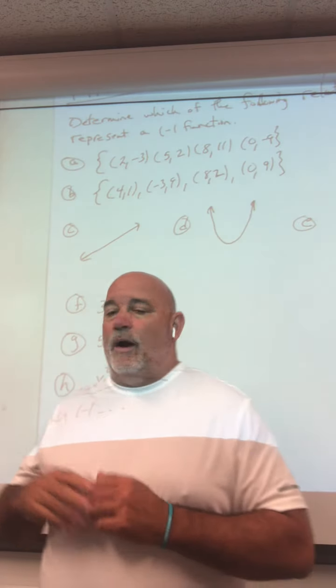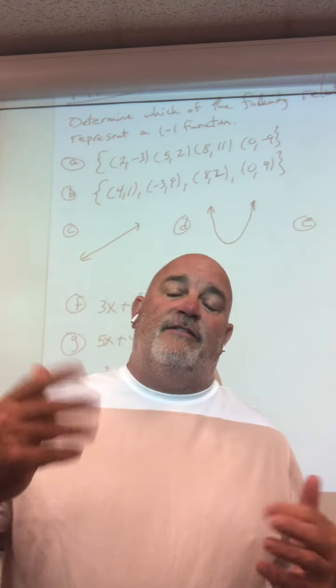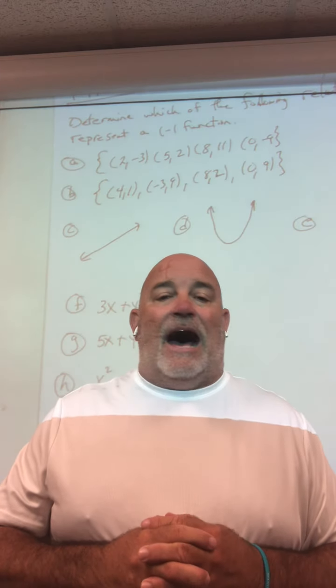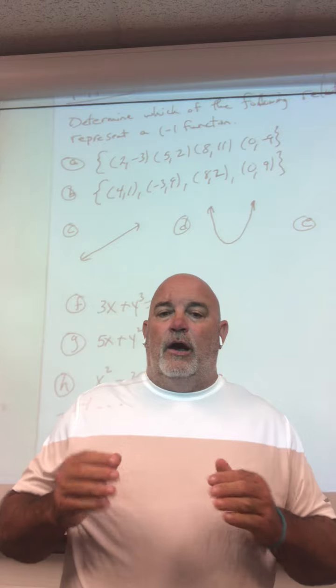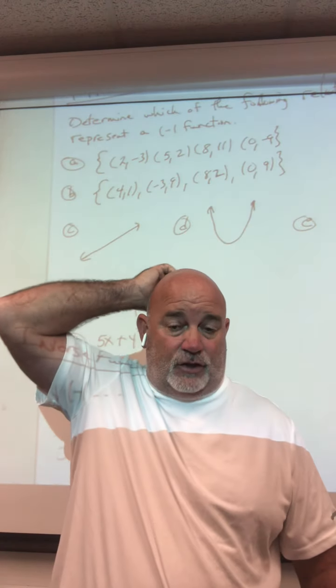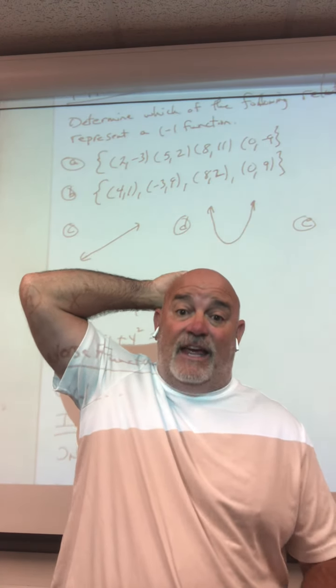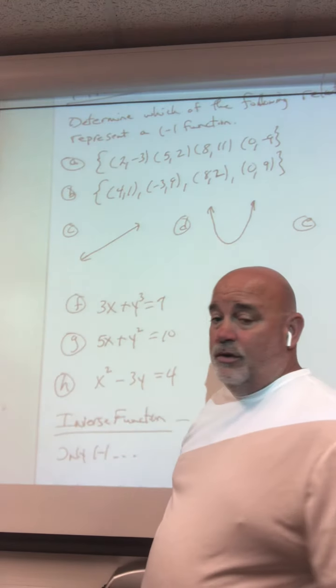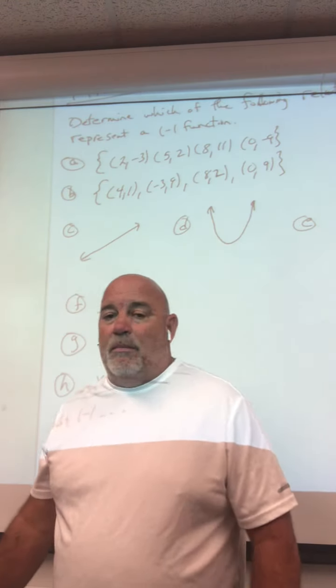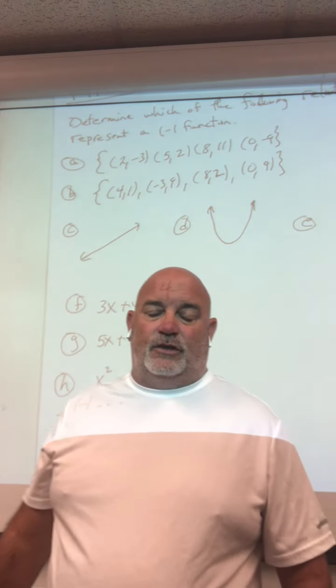Now, before I go any further, let me make it even easier for you. I will not give you any problems where it doesn't have an inverse function. If I say, find the inverse function, particularly if we're talking about equations, I will make sure that it has an inverse function.